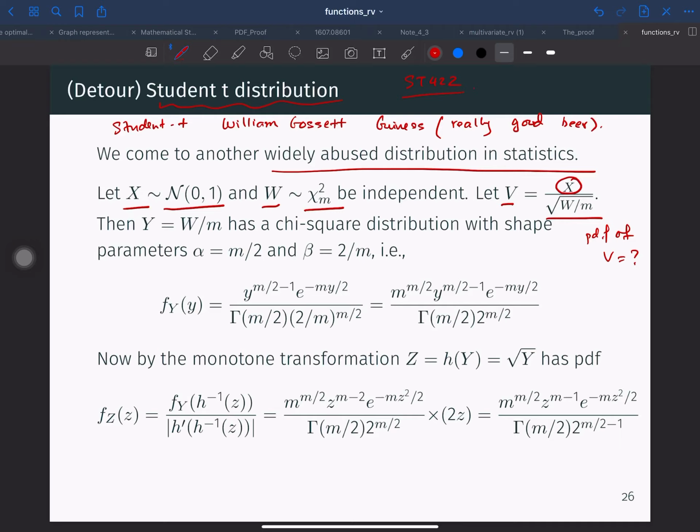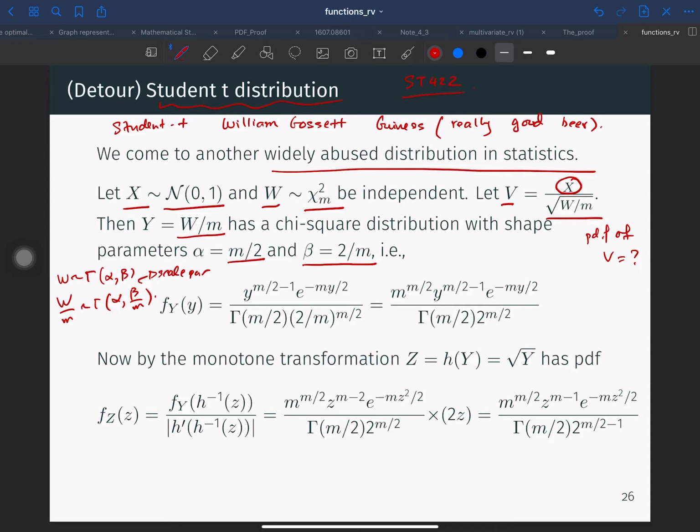First, I could consider the PDF of W divided by m. I know that the chi-squared is gamma, and if W is gamma, then W divided by m is gamma with shape alpha and scale beta divided by m, since I am scaling. So it has shape parameter m over 2, which defines the chi-squared, and because I divide by m, the scale parameter is now 2 divided by m.